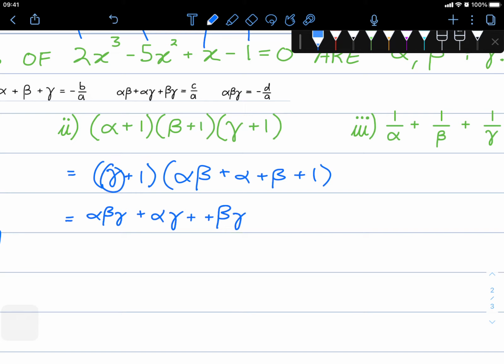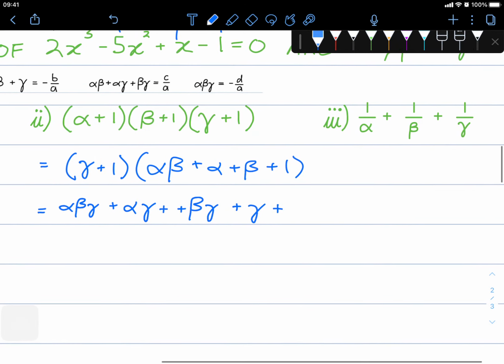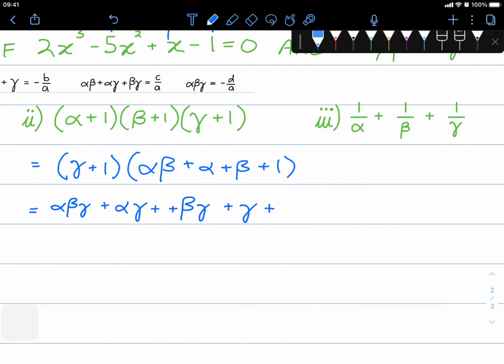And then gamma times 1 is plus gamma. Moving right along, we're finished with this multiplication. 1 times alpha beta is alpha beta plus alpha plus beta. 1 times 1 is just plus 1.